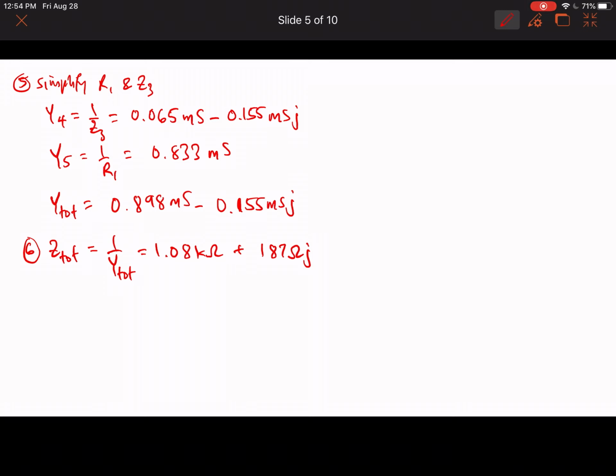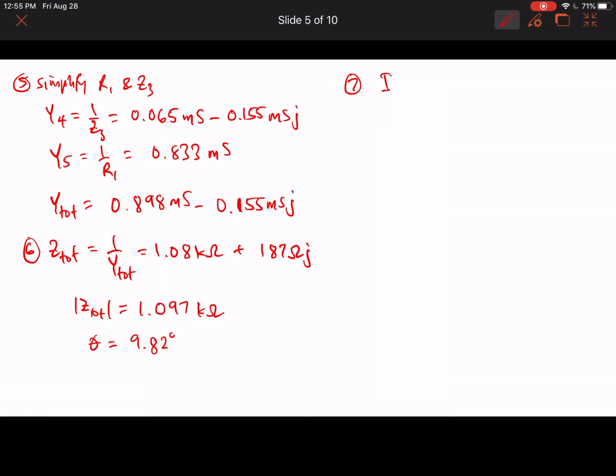The absolute value of Z total is equal to 1.097 kilo ohms, and its phase angle is equal to 9.82 degrees. Okay, and just for completion, let's solve for the current.